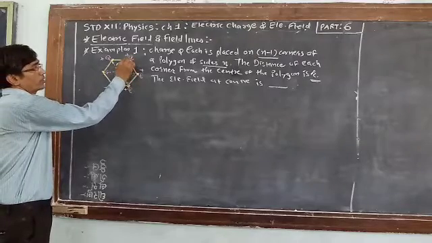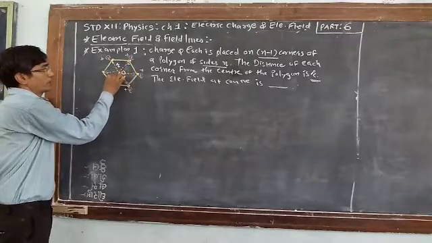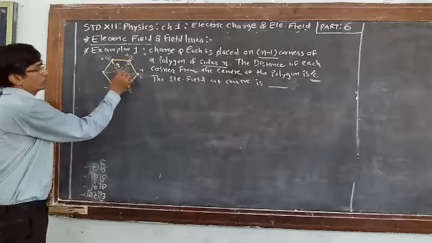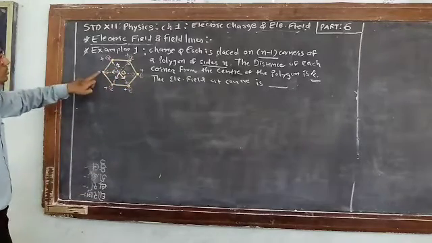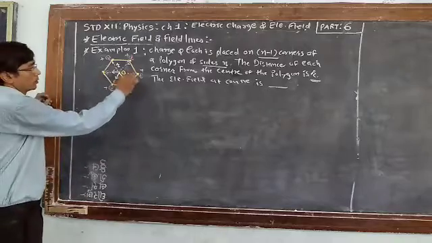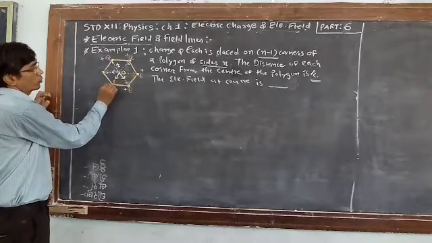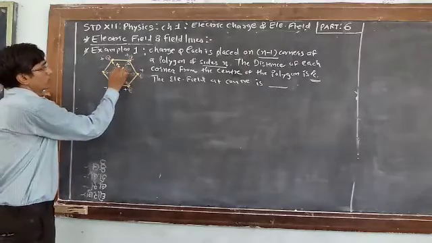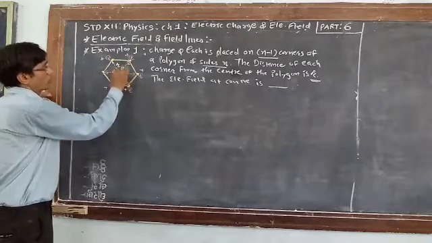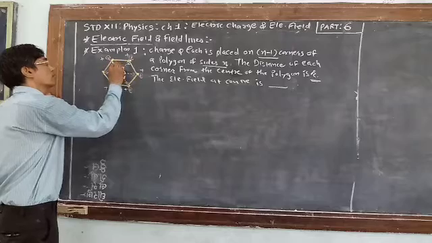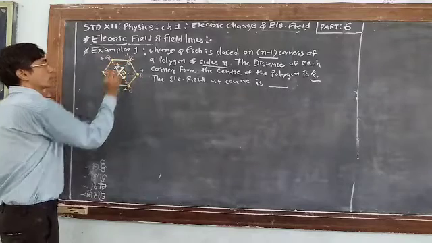Due to the second charge, the electric field is in this direction. Due to the third charge, the electric field is towards the sixth corner. The electric field due to the fifth charge is in this direction, and due to the fourth charge, the electric field is towards the first corner.